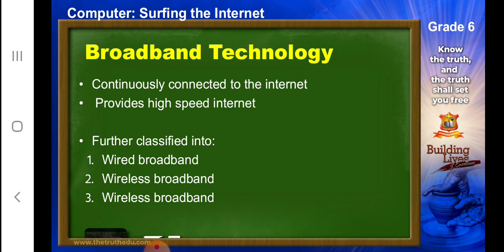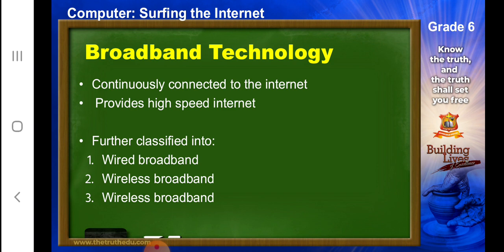Here there is no cable which you need. You just connect to the system and you start getting internet through any Wi-Fi facility. I'm sorry, this is not the Wi-Fi dongle. Any Wi-Fi facility is used to give the connection. In wireless mobile broadband, we use the dongle.